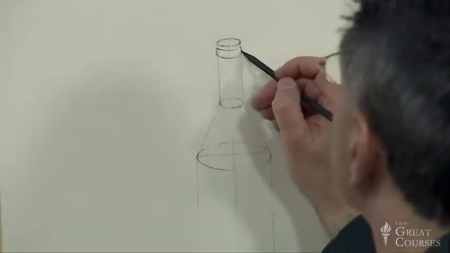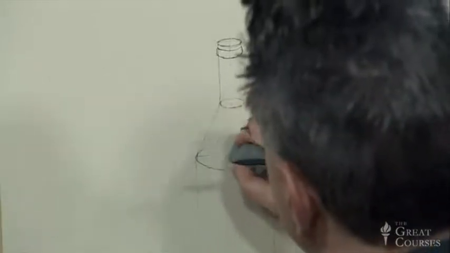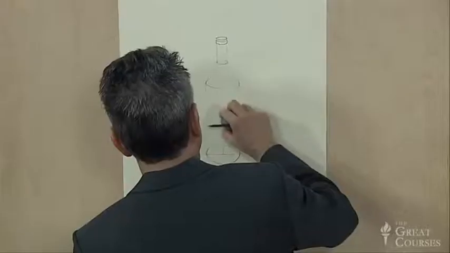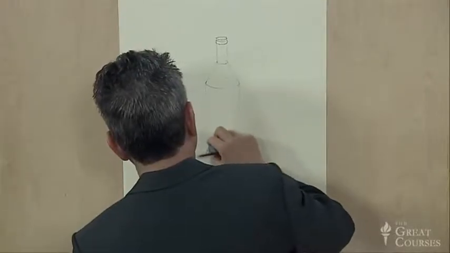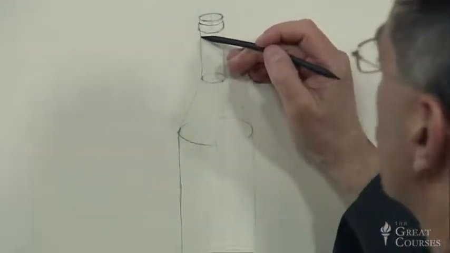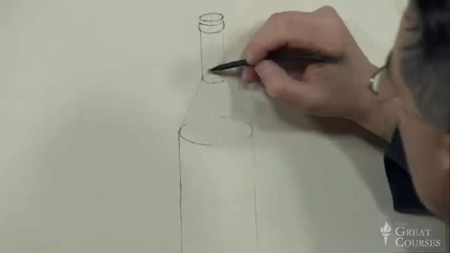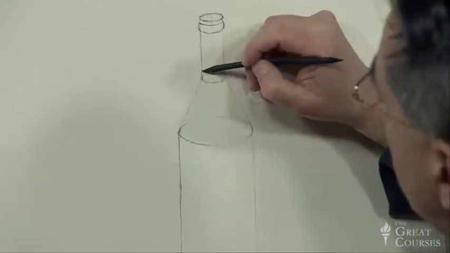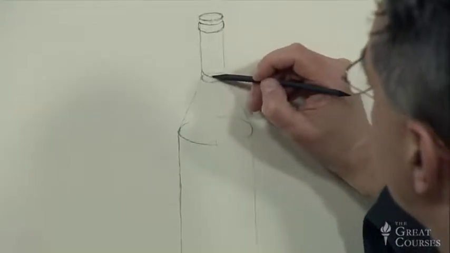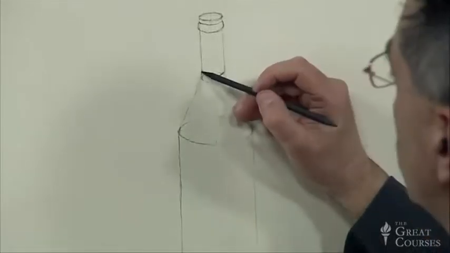Edit symmetricality. And we can imagine the foil wrapping, using the cross contour we have as a guide. Do a little bit of rounding.